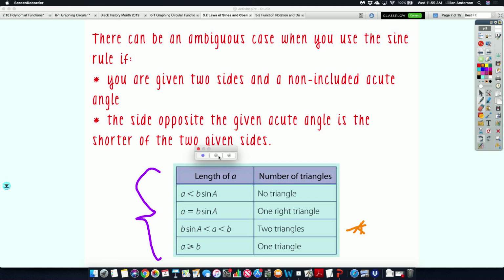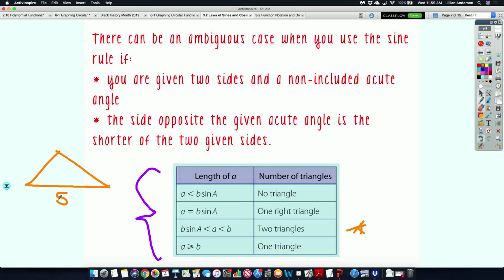But the main thing that I always use to recognize when I need to check for the ambiguous case of potentially two triangles is when I have a side-side-angle situation, two sides and a non-included angle, and the side opposite that acute angle is smaller. What does that look like?